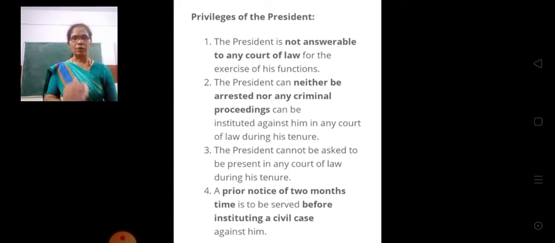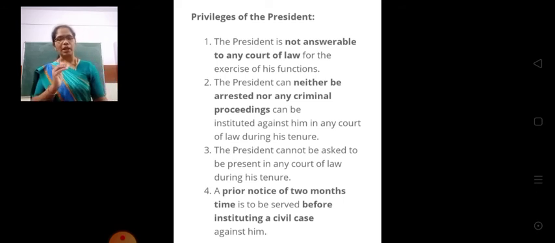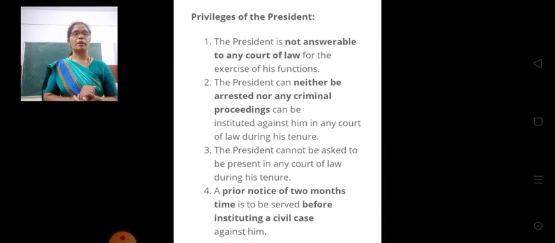The president can dissolve the parliament, but only on the advice of the council of ministers.